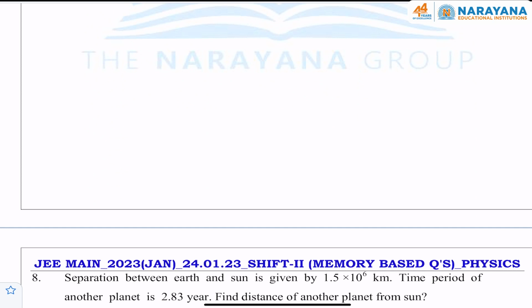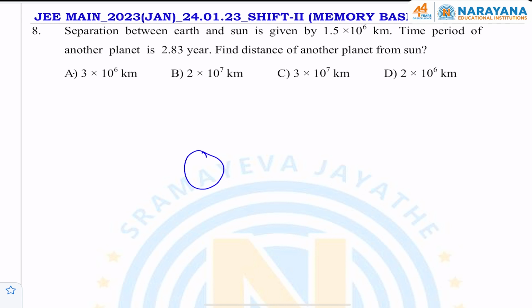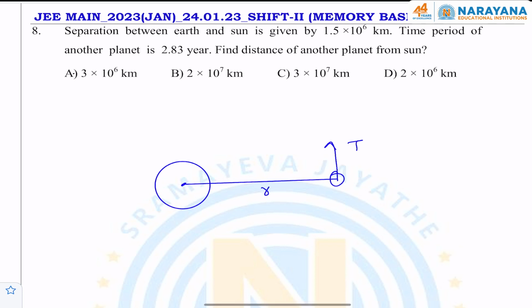Next, 8th question. Separation between Earth and Sun is given by 1.5 into 10 power 6 kilometer. Time period of another planet is 2.83 year. Find distance of another planet from Sun. Suppose this is the position of Sun, and this is any planet revolving with time period T at a distance r from center of Sun.